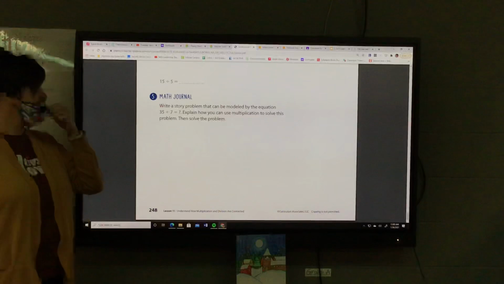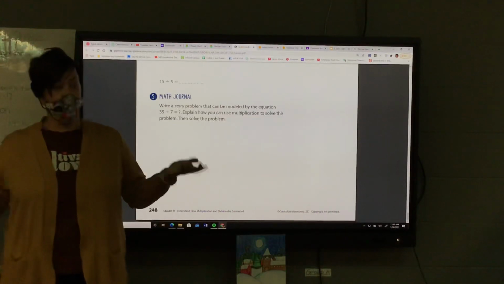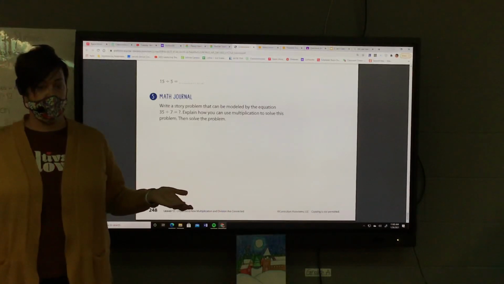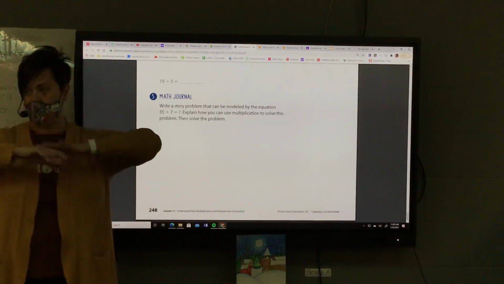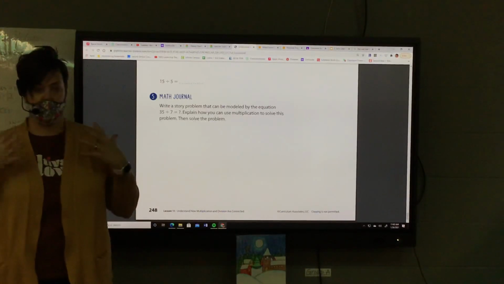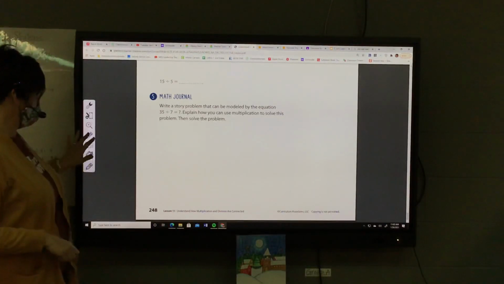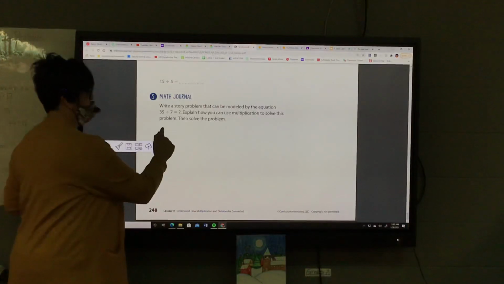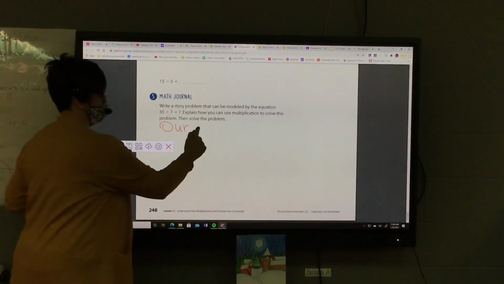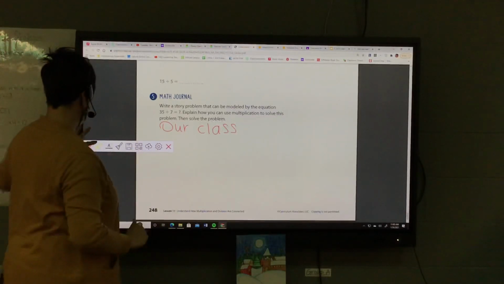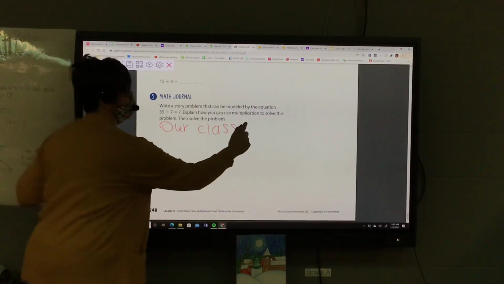Okay, so let's turn this into a word problem. We'll say our class will be the people in this problem. So who? Our class has how many? 35.